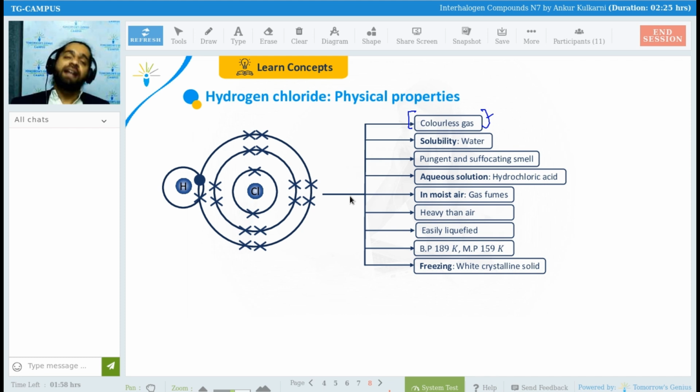Come on, tell me. Fine, even if it is wrong. Come on, try. Think about it. There is a logic behind this. Either it will be high or it will be low. But there is a logic behind it. Why should it be high? Solubility of HCl.